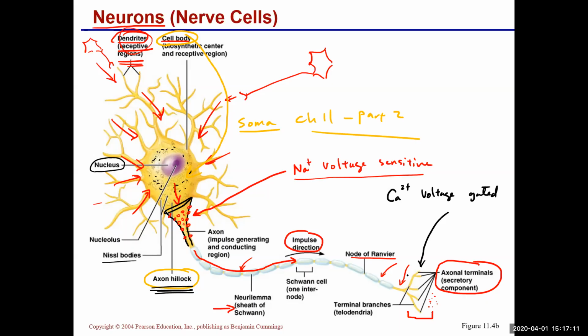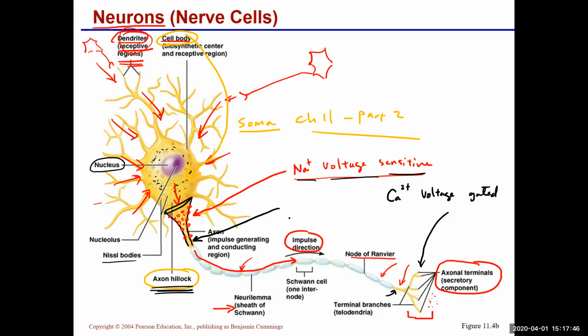But what about towards the axon right here, for example? What kind of channels can we see along the axon? Pretend you didn't have these myelinated sheets. We'll discuss the role of it maybe towards the end, all right? But if you didn't have it, what other channels would you see on the axon? So on the regular axon, say for example, right over here where the axon hillock is no longer there, on the axon hillock you can only see sodium voltage sensitive.